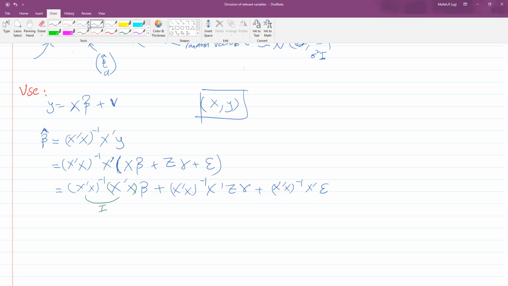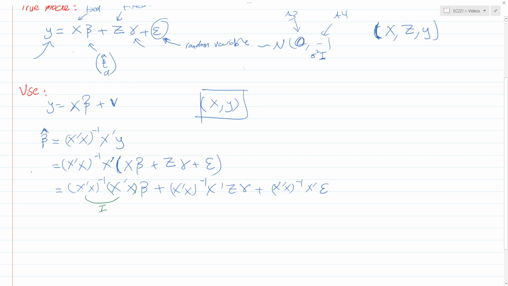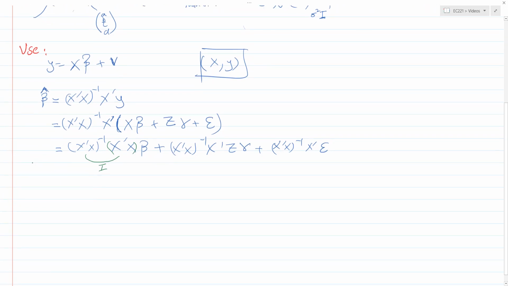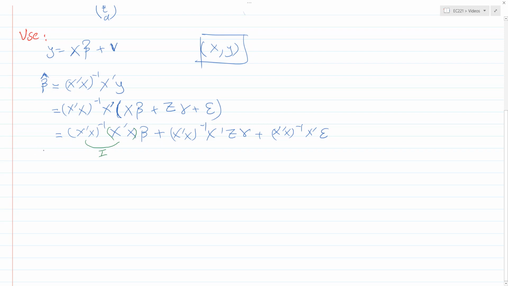Now, to see where beta hat, which is the estimator of beta, is centered, or what value beta hat is trying to approach, that's the other way of saying what's the expectation of beta hat.